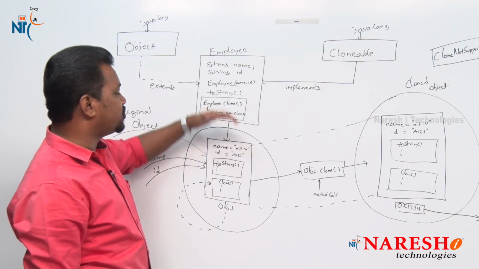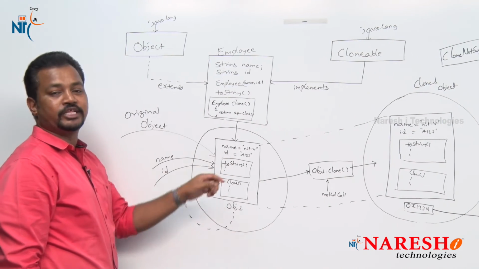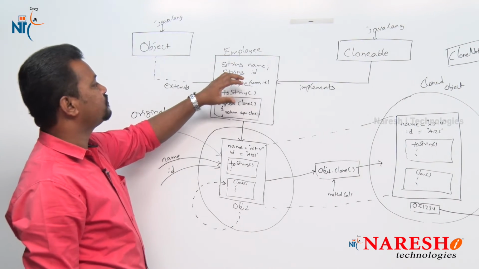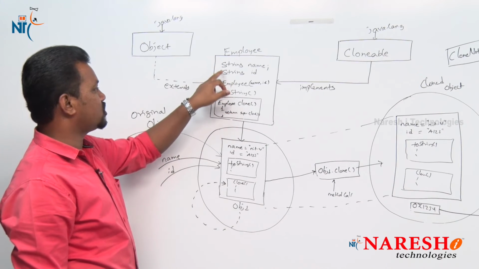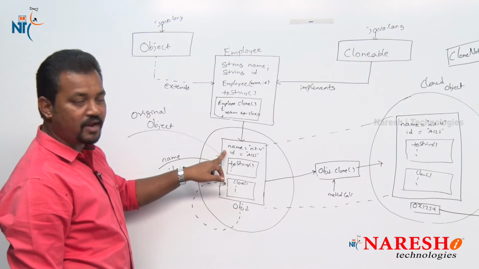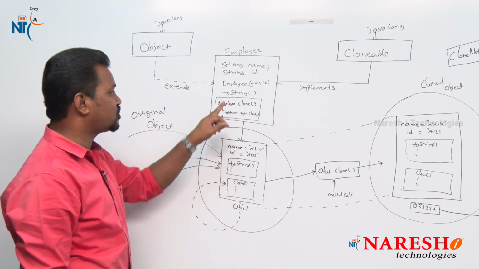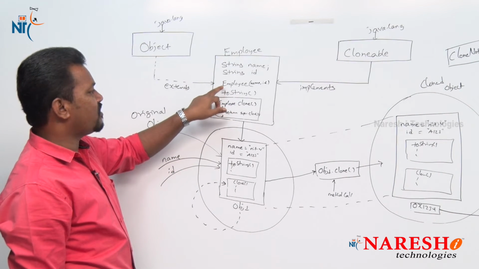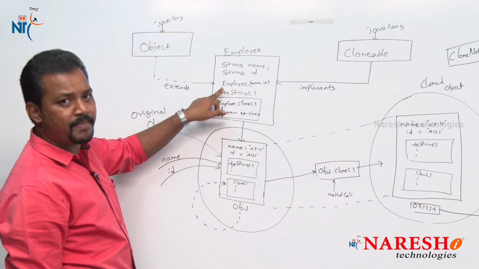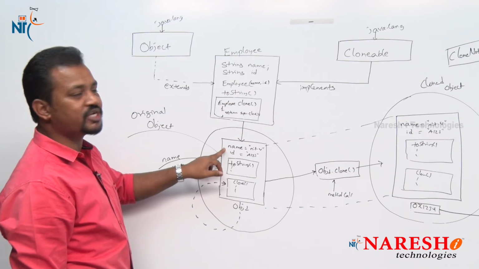So whatever object I created, I am calling it the original object. In the process of generating this original object, the non-static members are available within the object. These non-static variables are available here. I am loading the data onto these non-static variables with the support of the constructor. So the constructor is executed, meaning I am passing the parameters while object creation and they are bound to these instance variables.